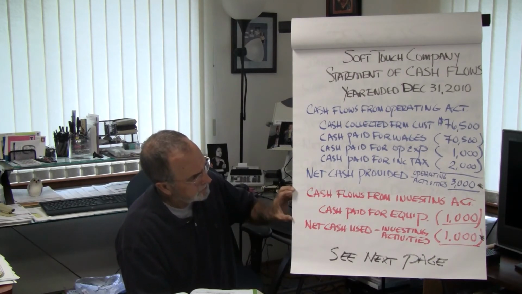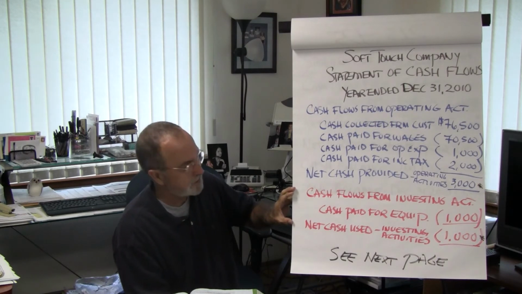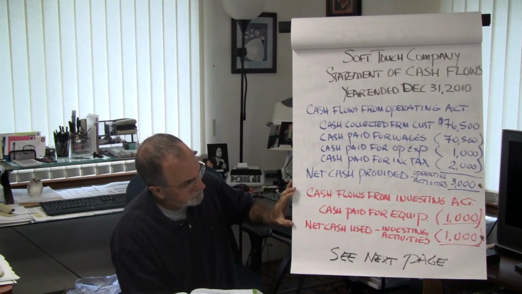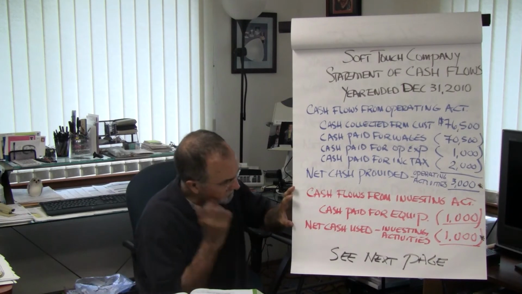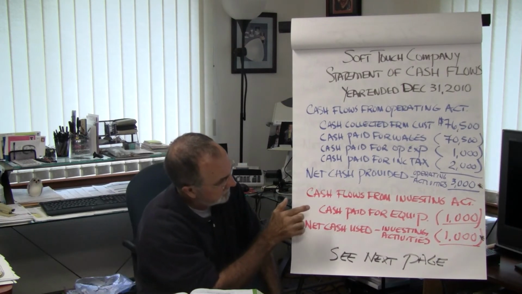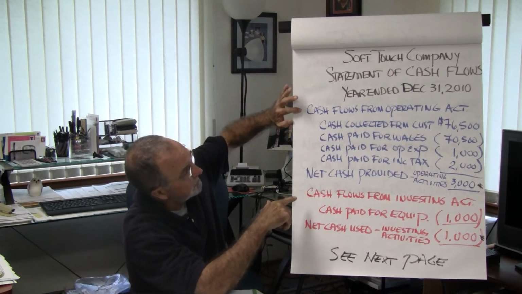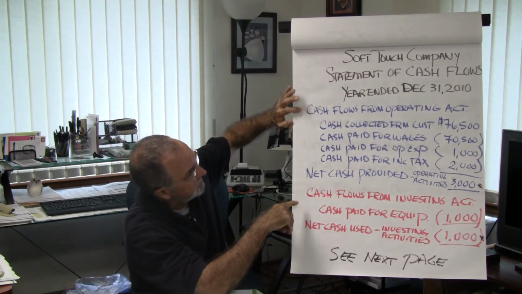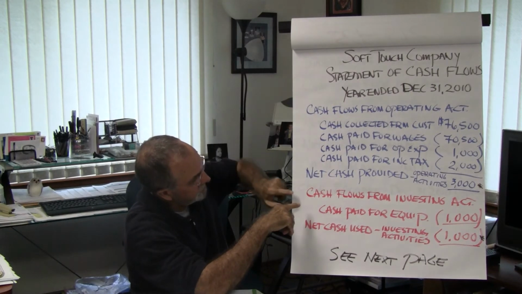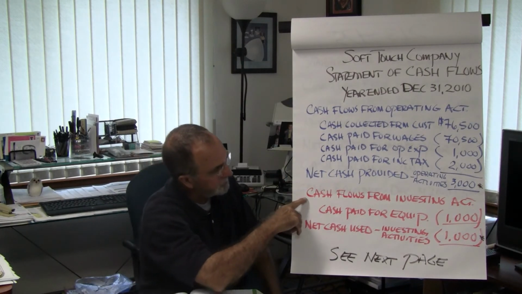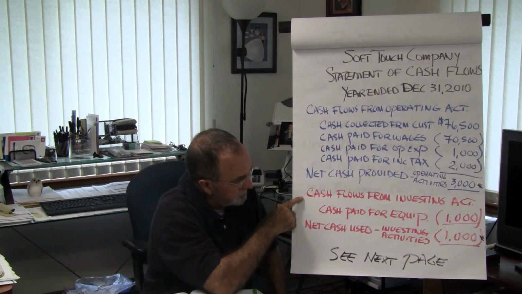The second classification on the cash flow statement is investing activities, and so I've used red here to show those, and there's only one item, but we head it up just like we do for the previous category, operating activities. We call it cash flows from investing activities.